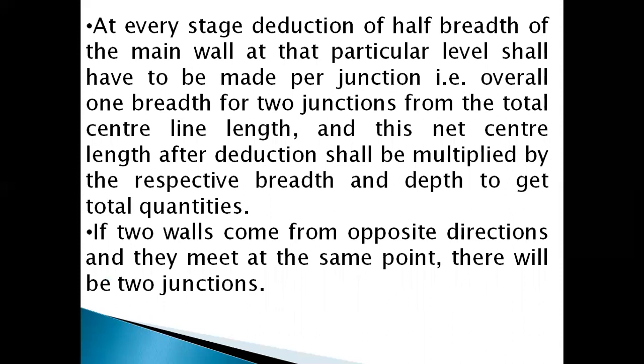At every stage, deduction of the half breadth of the main wall at that particular level shall be made per junction, that is overall one breadth for the two junctions from the total central line length. And this net central length after deduction shall be multiplied by the respective breadth and depth to get total quantities. If two walls come from opposite directions and meet at the same point, there will be two junctions.